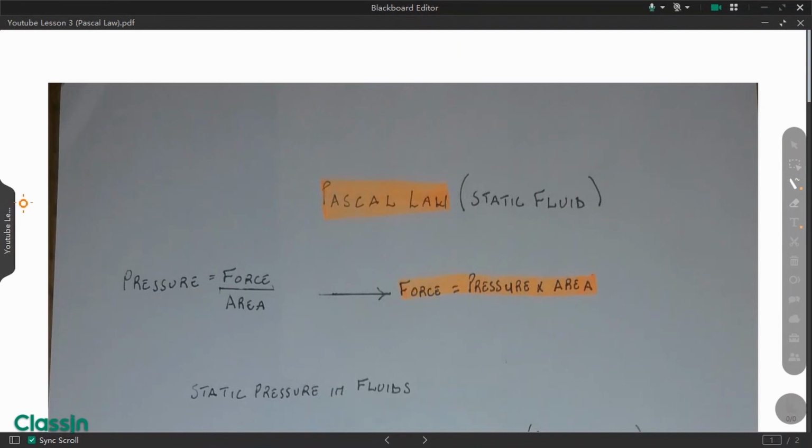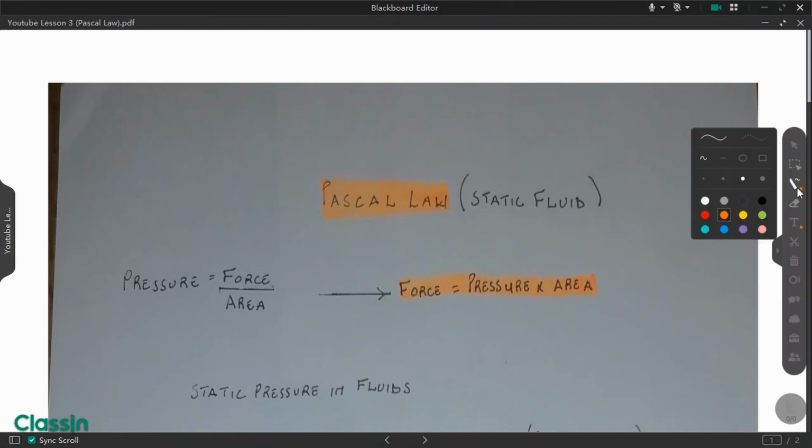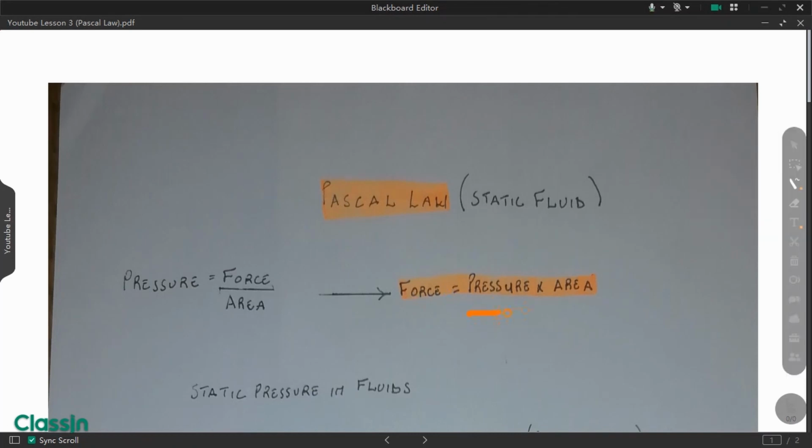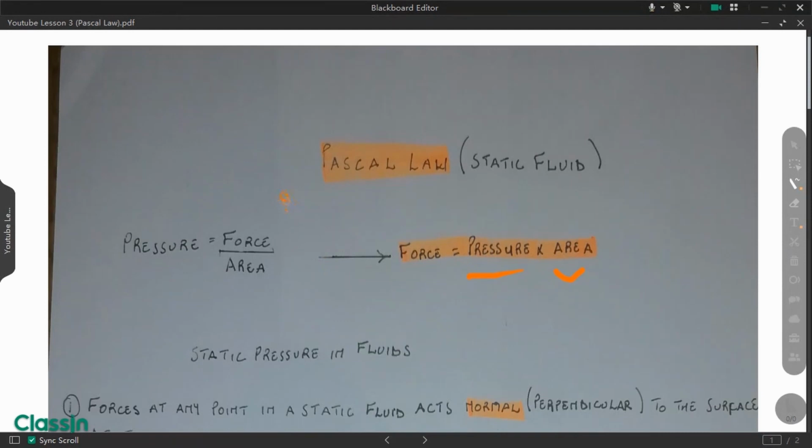We know the static pressure is equal to force over area, so force is equal to pressure multiplied by area. Now, there are a few points that I want to make before we get to the crunchy stuff.